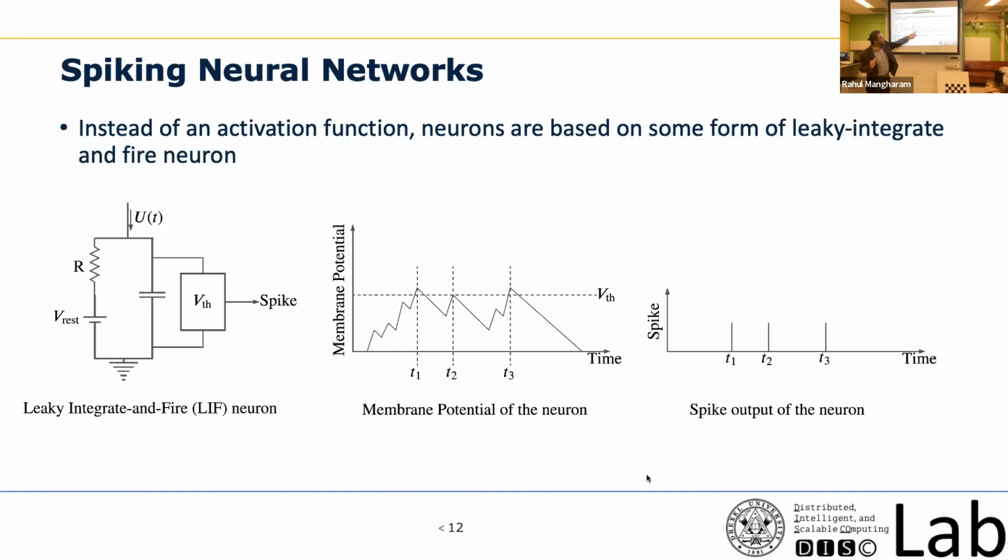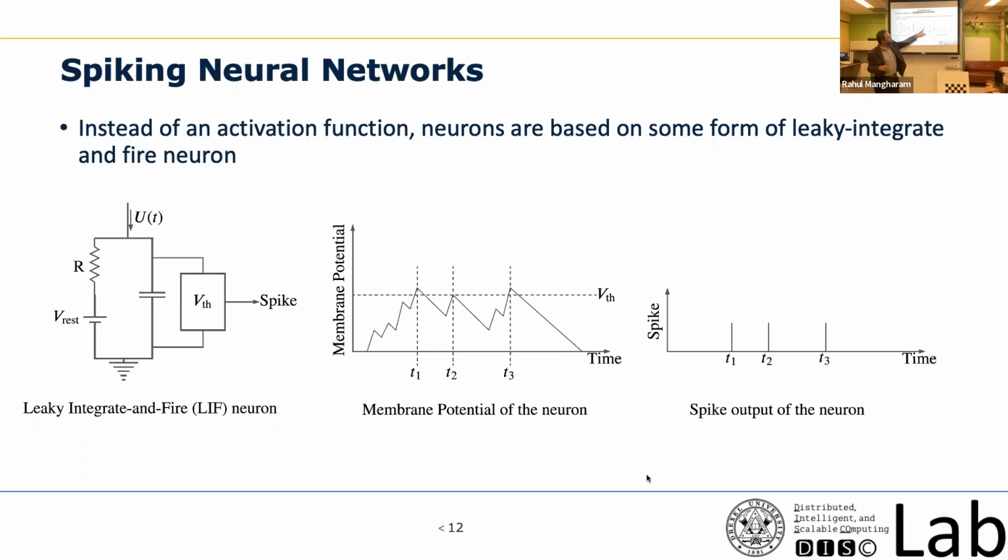So you see it's increasing, and if there is no spike, it will decrease. It keeps on increasing and decreasing. If there is a spike, it increases. If there is no spike, it decreases. And once it crosses this threshold, represented as VTH over here, a spike will be generated. In this diagram, you can see the membrane potential varying according to how the input is provided, although I'm not showing the input here.